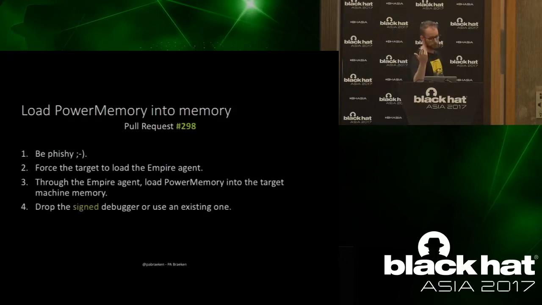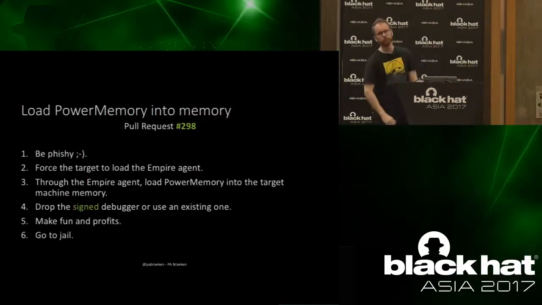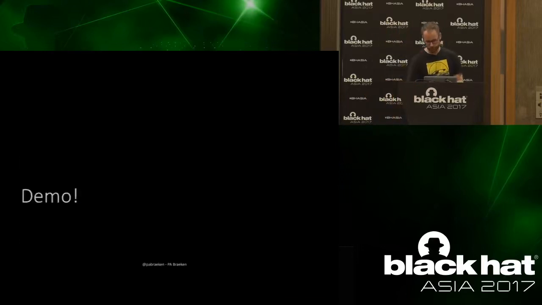You drop the signed debugger, or use an existing one. If you target correctly, you can find different debuggers that you can use too. Then you have fun and profits. And six, you go to jail. So I have a demo for that.